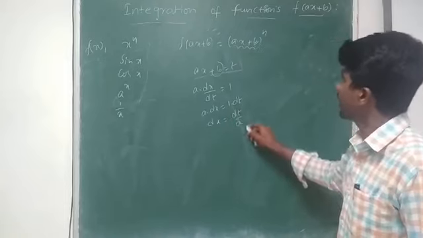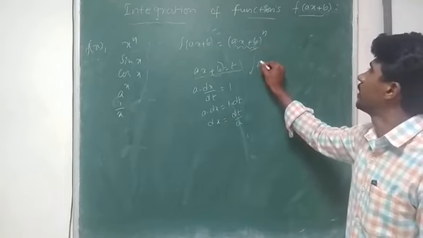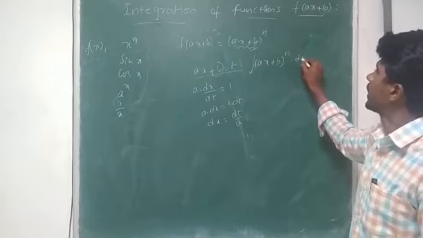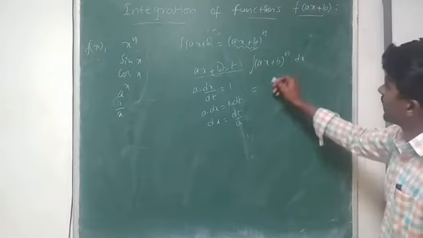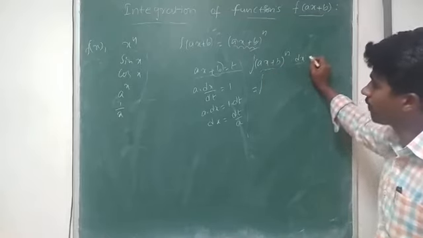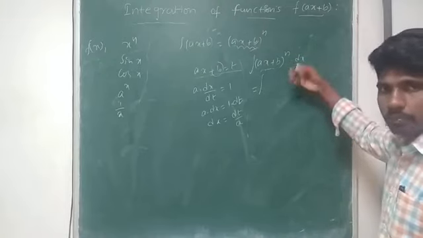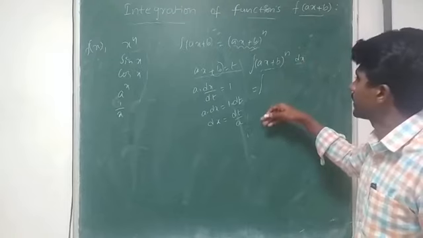So I want to find the integration of this particular part. Integral of (ax plus b) power n dx is equal to, now I am changing the total integration, the function, into the form of t. The variable of integration I am changing. So I have to change everything in terms of t except the constants.